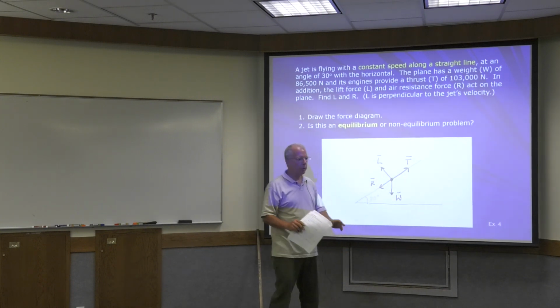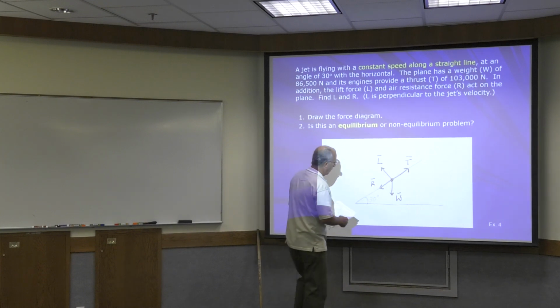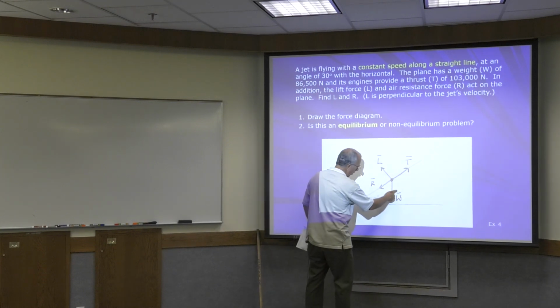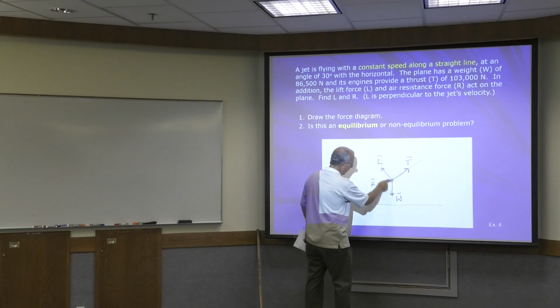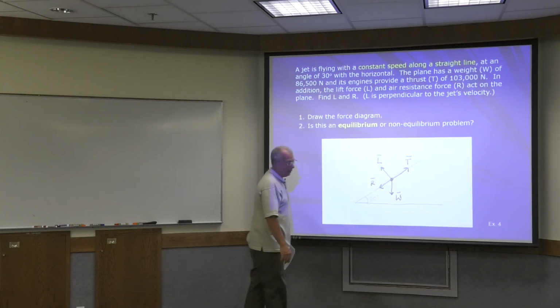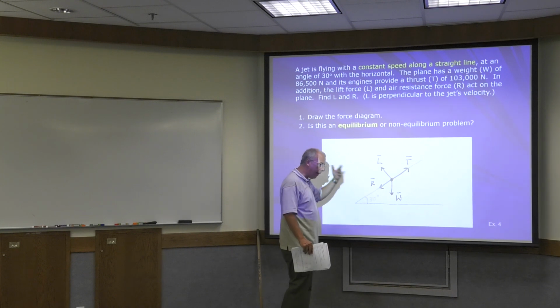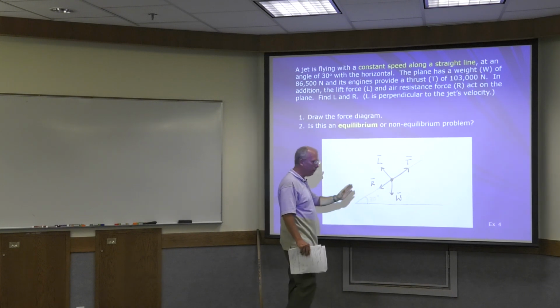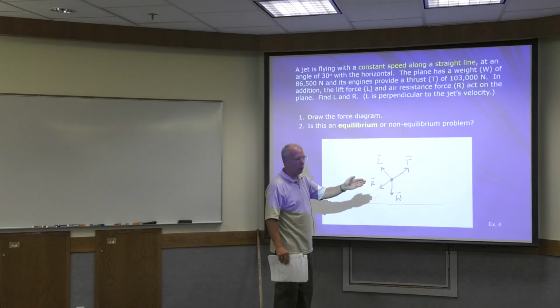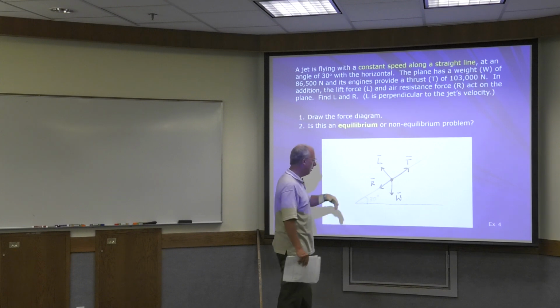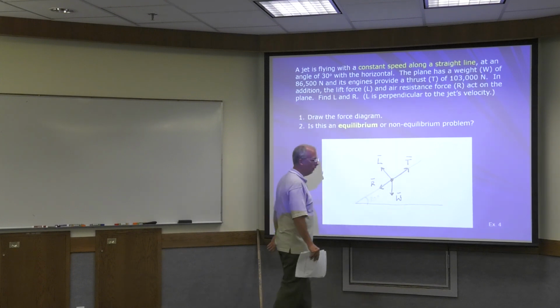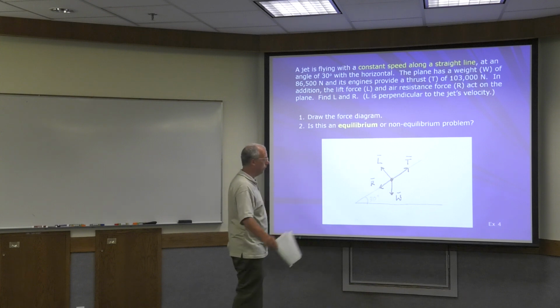If I was really super careful, I'd make sure that this component here equals that component there, and I'd get all crazy about it. It's not worth it. Just draw the vectors. Don't worry about the magnitude, right? We'll worry about the magnitude when we do the equations. Just get the vectors drawn. Just draw the forces, that's good enough.